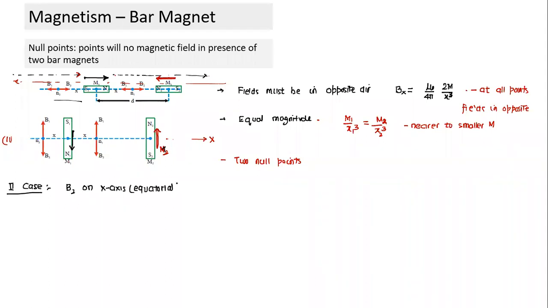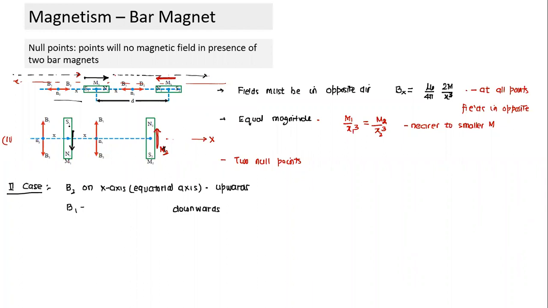The direction of field anywhere on the equatorial axis due to the second dipole, or second bar magnet, will be upwards. And similarly, due to B1 it will be downwards. So everywhere the direction of field is opposite; the only thing is the magnitude has to be equal and opposite.